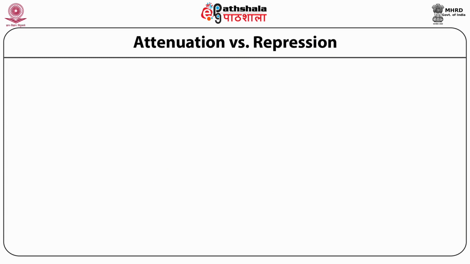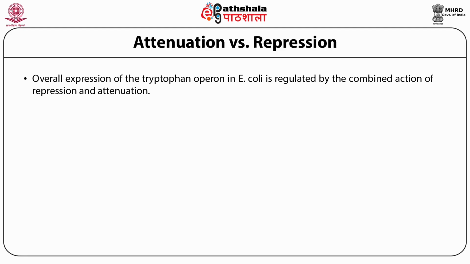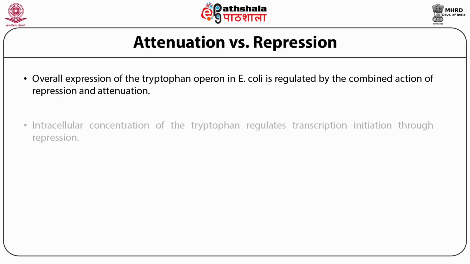Attenuation versus repression. Overall expression of the tryptophan operon in E. coli is regulated by the combined action of repression and attenuation. Intracellular concentration of tryptophan regulates transcription initiation through repression.